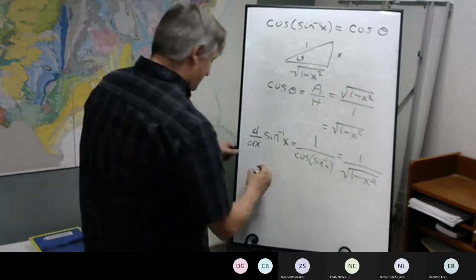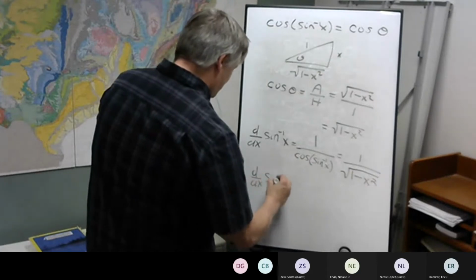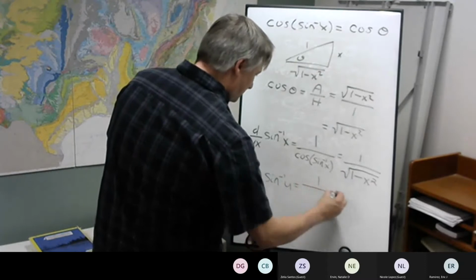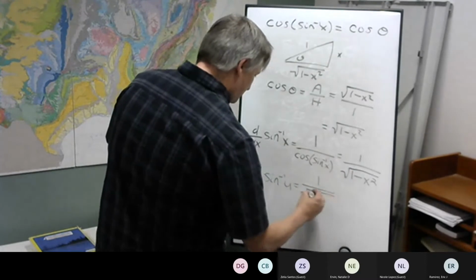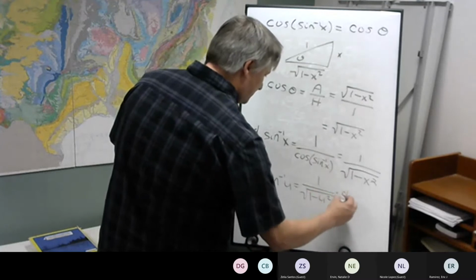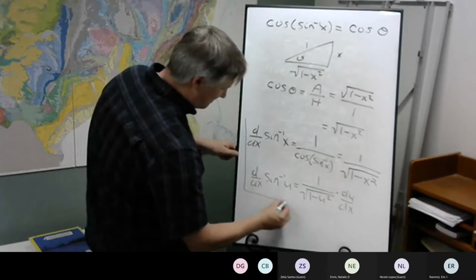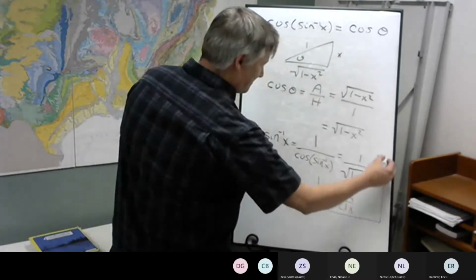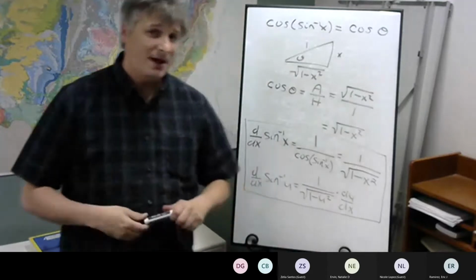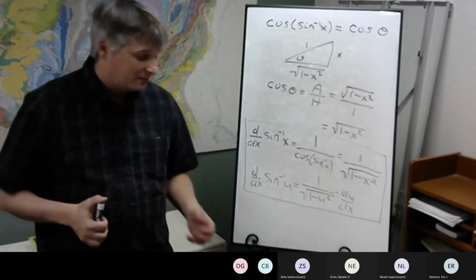Or putting it another way, d/dx of sine inverse of u will be 1 over square root of 1 minus u squared times du/dx. Questions about that? All right.